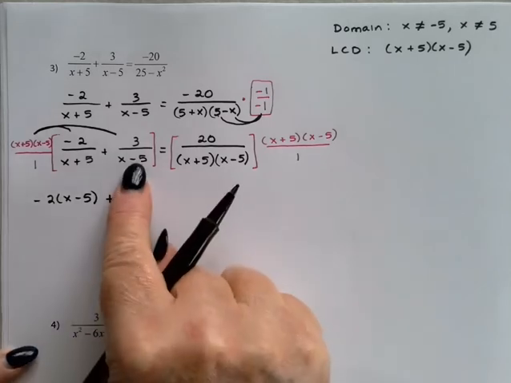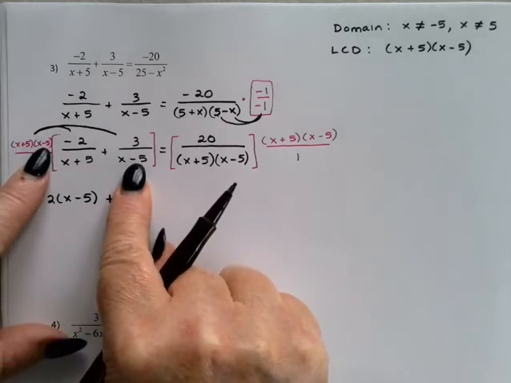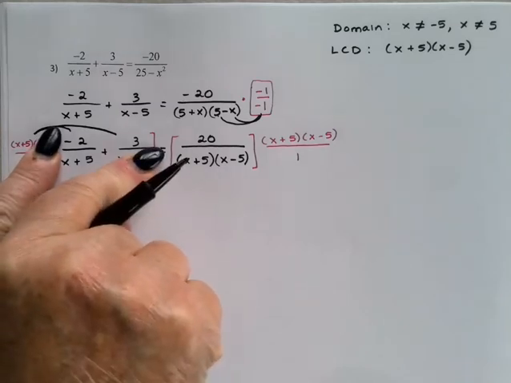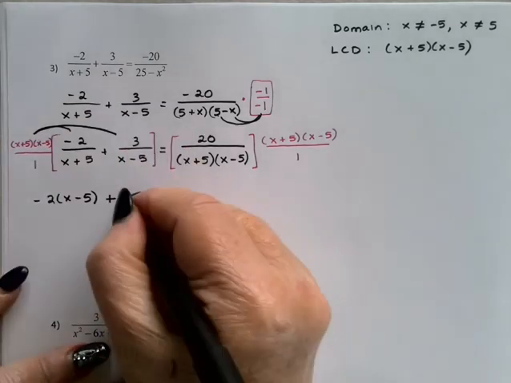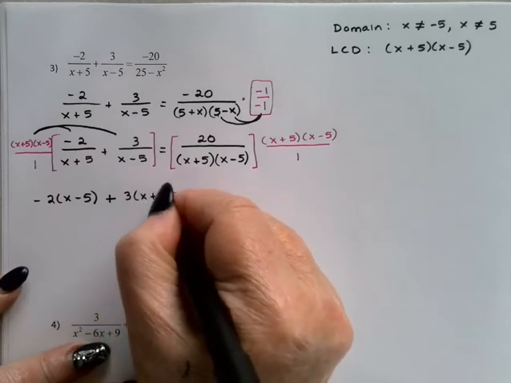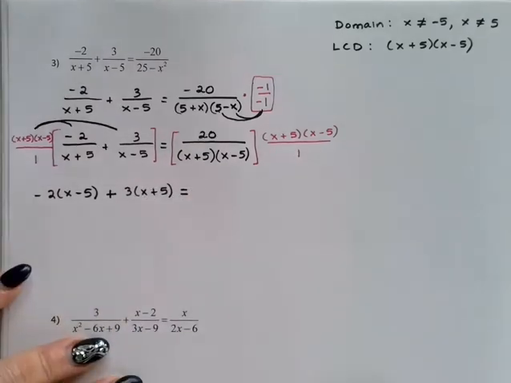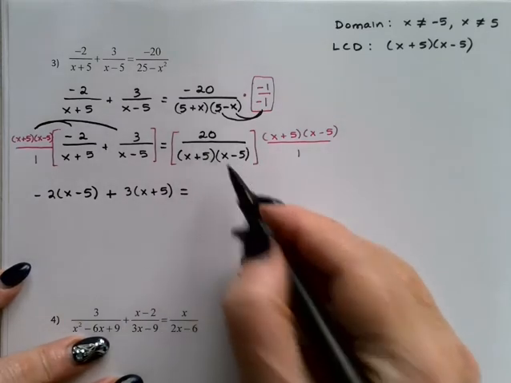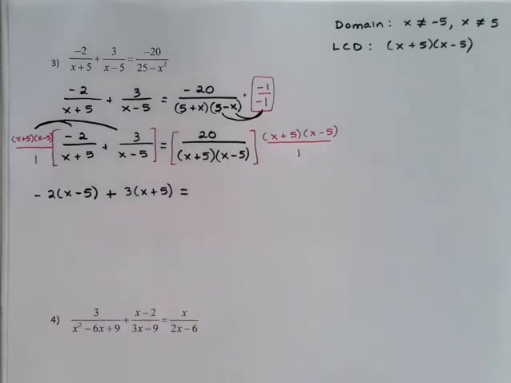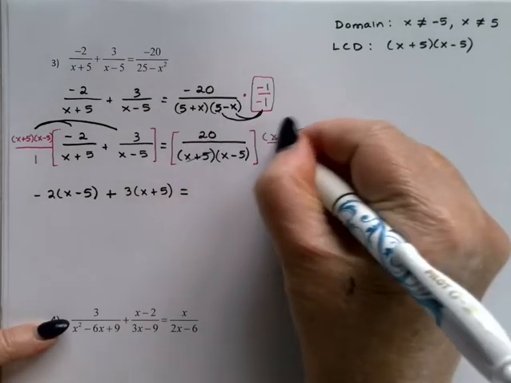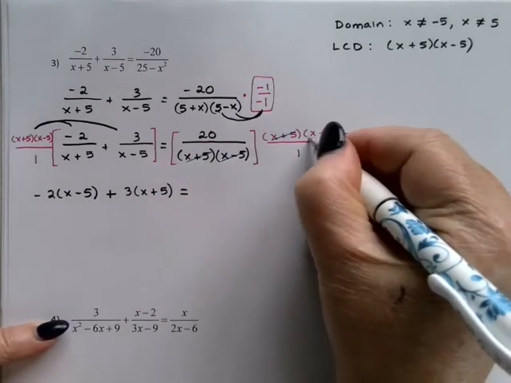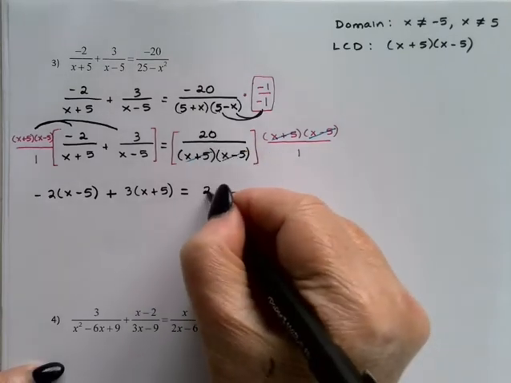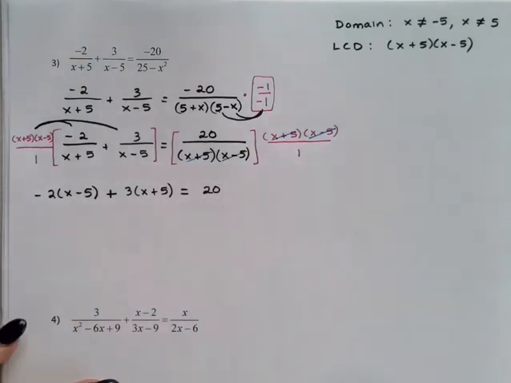Plus, in the second term, it's the x minus 5 factors that divide out, and I'll get 3 times x plus 5. On the right-hand side, we only have one term inside these brackets, so I can just go right ahead and say the x plus 5s divide to 1, and so do the x minus 5s, which leaves me just 20 divided by 1. Or 20.